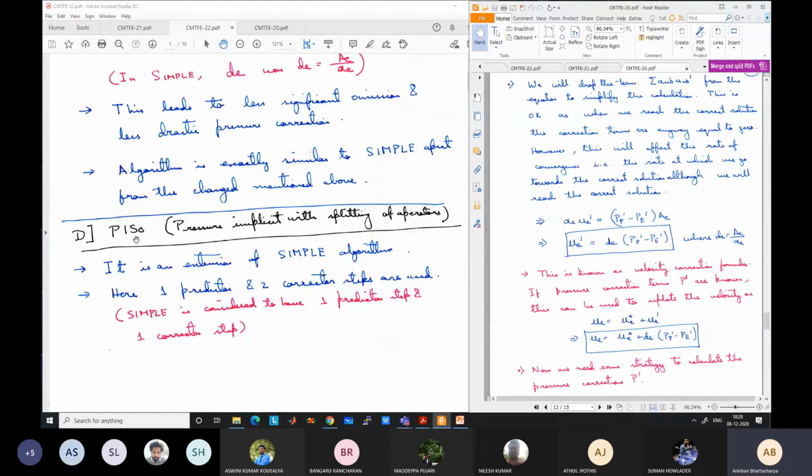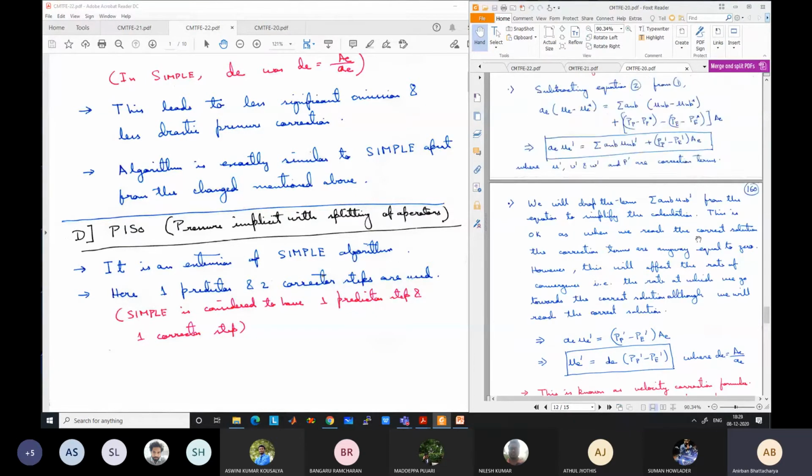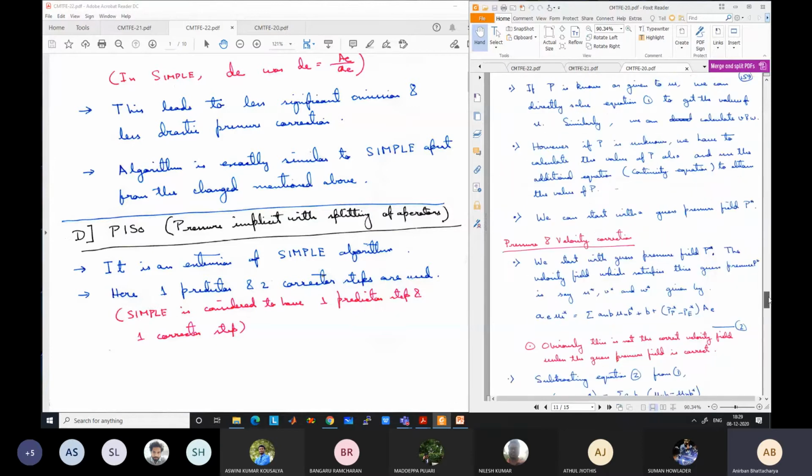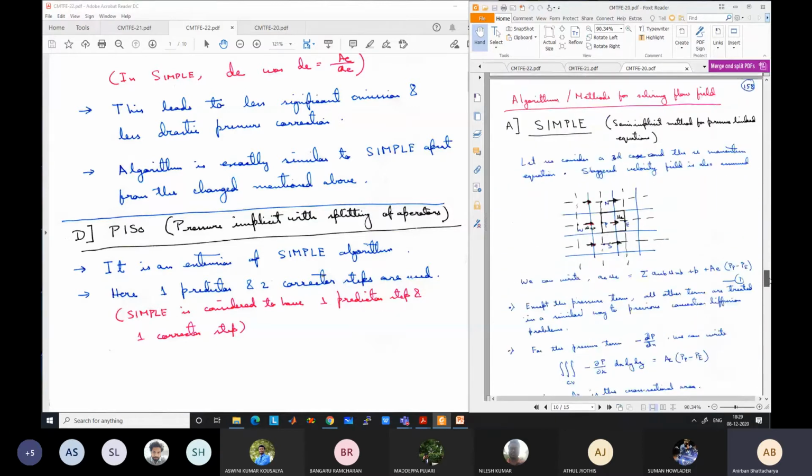So this is also based on the SIMPLE algorithm, but unlike SIMPLE, we have some extra steps to make it more accurate, so that the convergence is faster. It is similar to the SIMPLER algorithm, but the modifications here are slightly different.